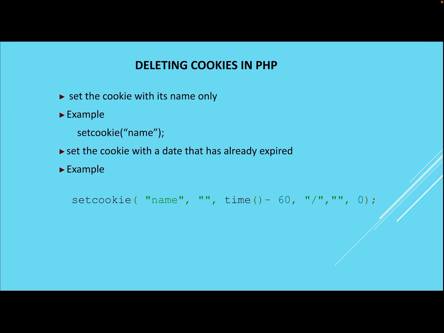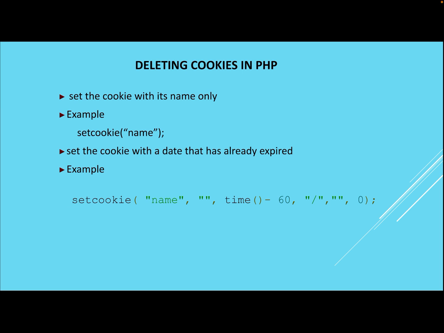Once a cookie has been created, if you want to delete a particular cookie, you can use the same setcookie function. There are two options for deleting a cookie. You can write the name alone without any other parameters: if you call the setcookie function like that, the particular cookie already created will be deleted. That is one option.